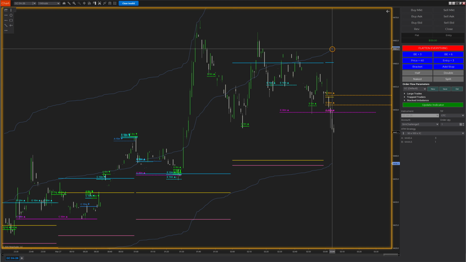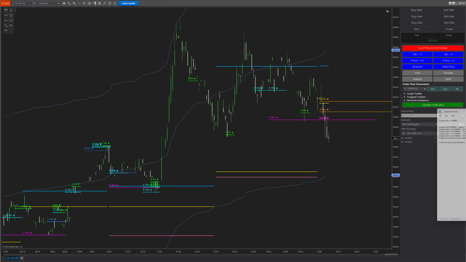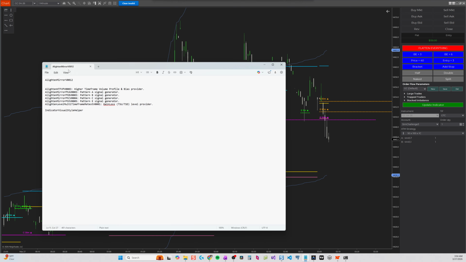Oh, there's one other thing that I forgot to mention in the last video. I had put up a list of the indicators that were required in order to run this mirror indicator. This is the mirror indicator. This is the only indicator that you need on this chart. These are the other indicators that are required. They're dependencies.